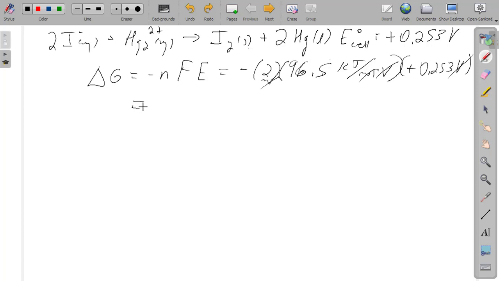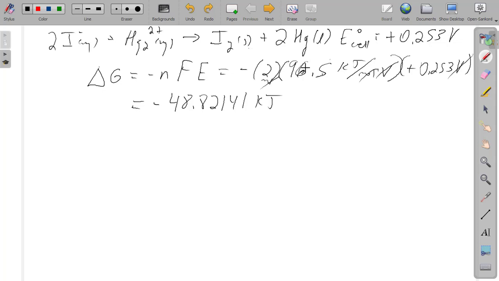And so when we do this, I ended up with negative 48.82141 kilojoules. Now again, because I used 96.485, which shouldn't be that much different than 96.5, if yours is different a little bit, that's okay. But then for me, in terms of significant digits, we have to go by the E cell.